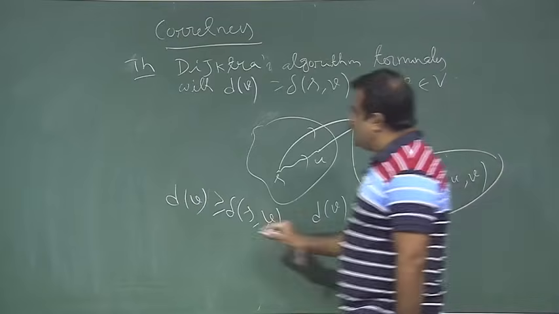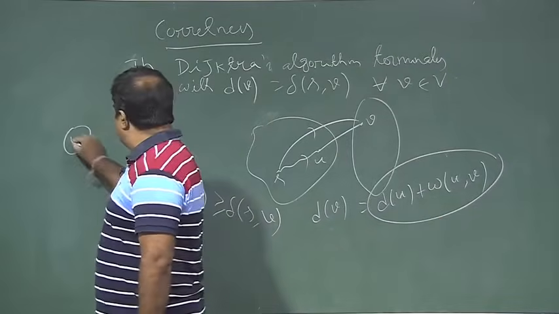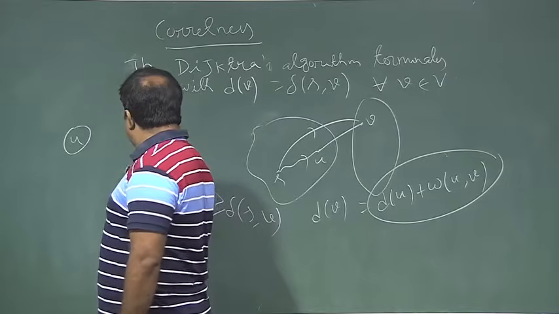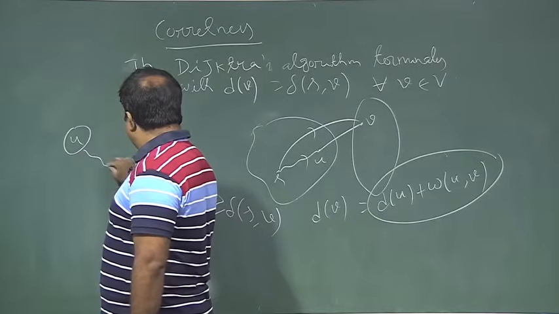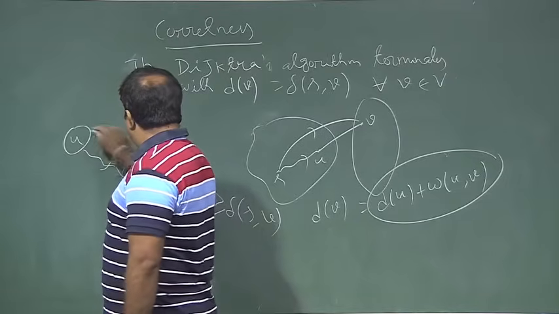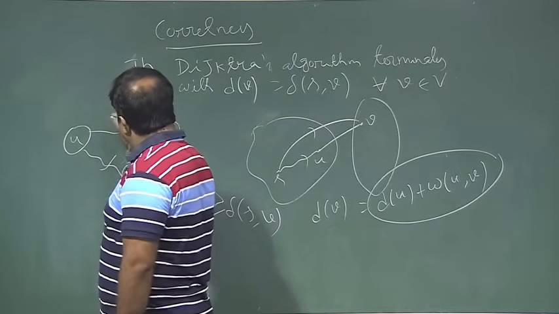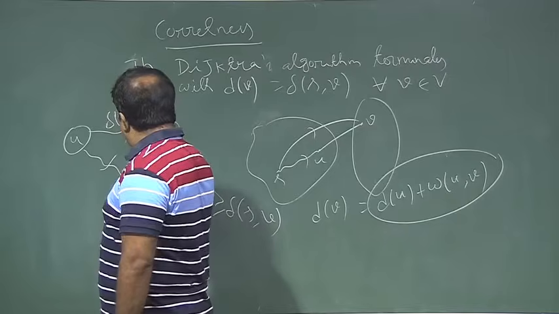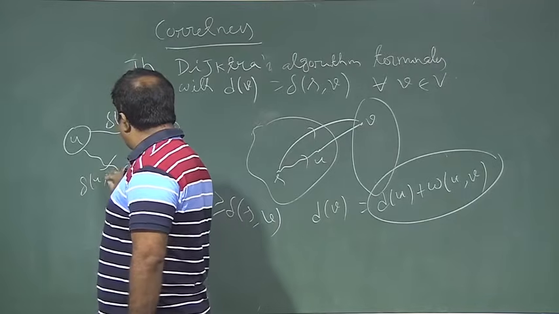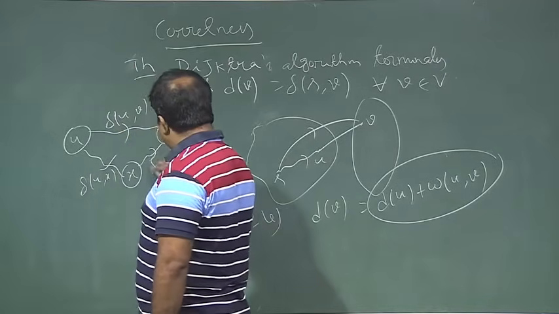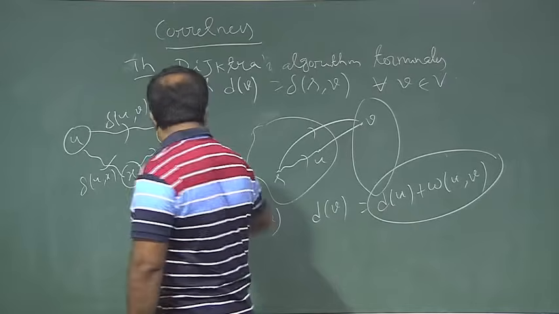If you remember, the triangle inequality is, if we have two vertices U and V, and another vertex X, then we have a shortest path from U to V, which is delta of u comma v, and delta of u comma x, and delta of x comma v.